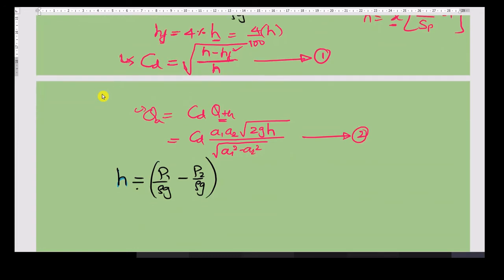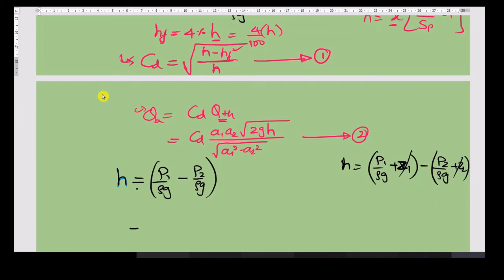If it is a vertical venturimeter, the formula may change. This is the formula for calculating the difference in head for a vertical venturimeter. We have to consider Z1 and Z2. So this is the actual formula for calculating H. But here Z1 and Z2 both are the same because it is a horizontal venturimeter. So the formula will become like this.